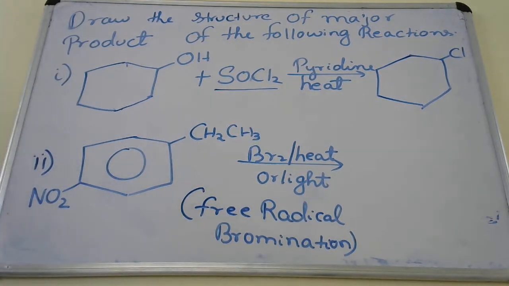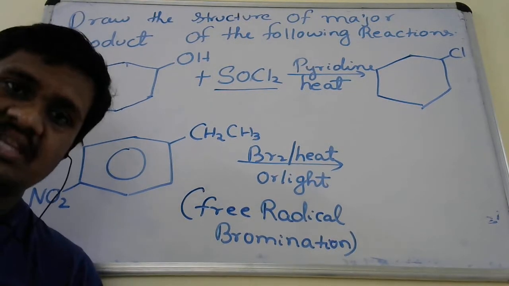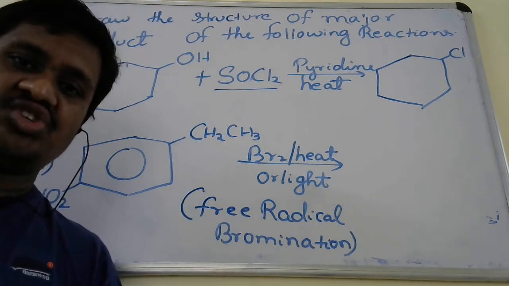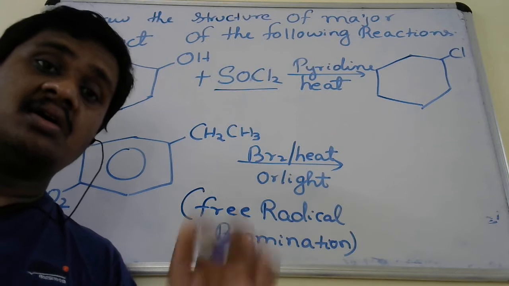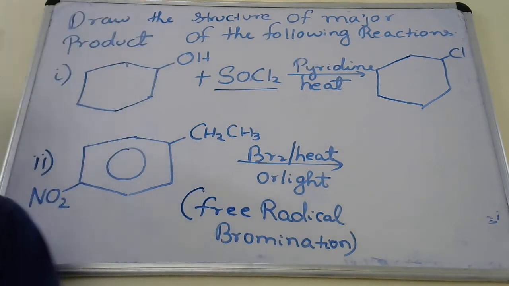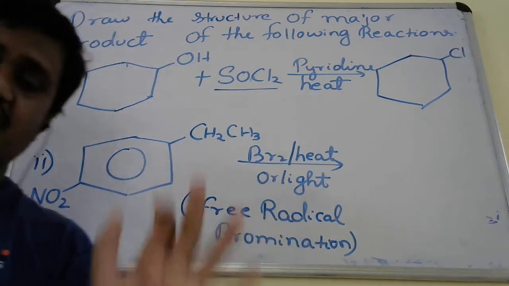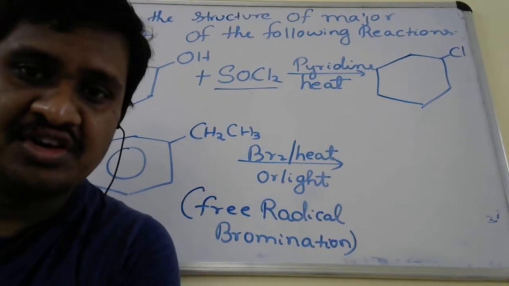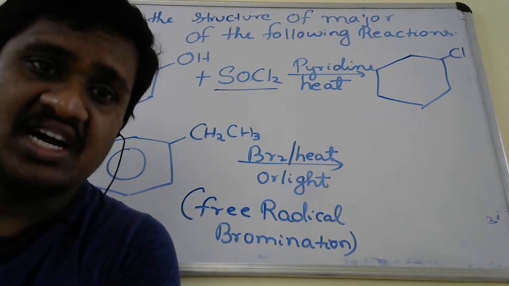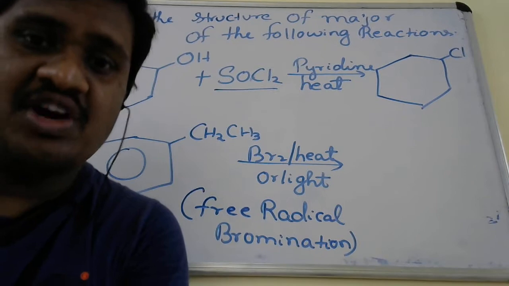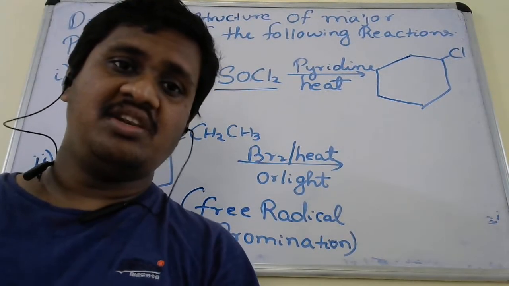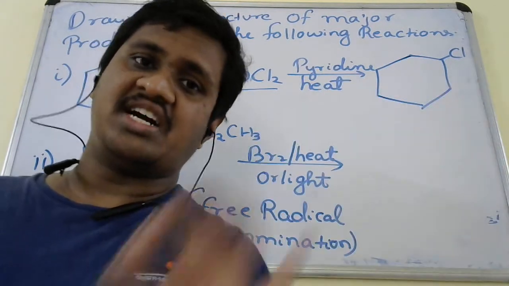If you have a secondary carbon and a primary carbon, the bromine will attach to the secondary carbon. If you have a secondary carbon and a tertiary carbon in an alkane, the halogen will attach at the secondary carbon. If you have a tertiary, secondary and primary, the halogen will attach at the tertiary carbon.